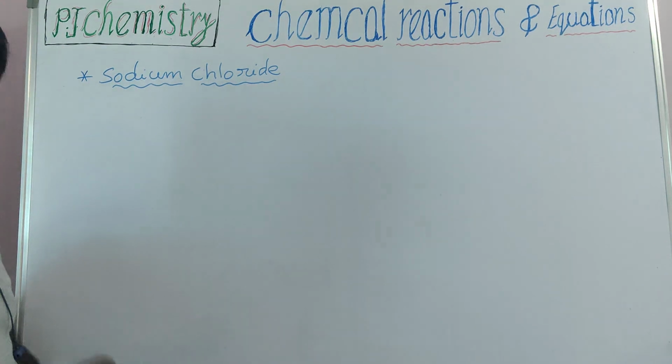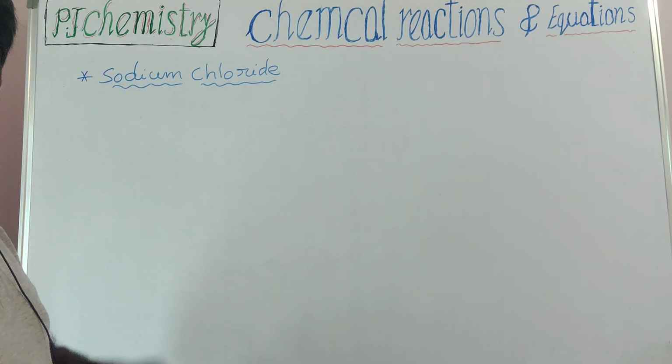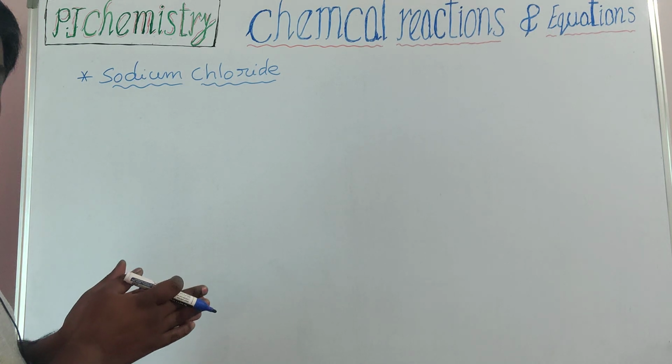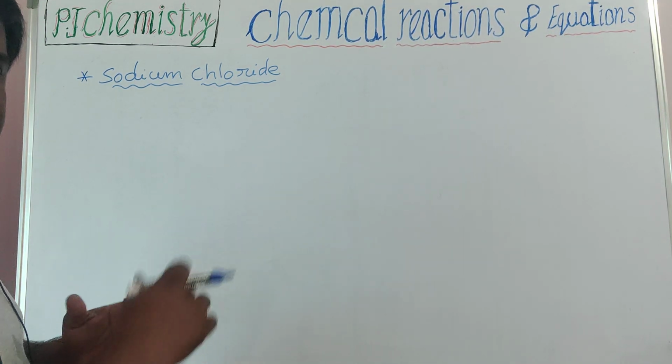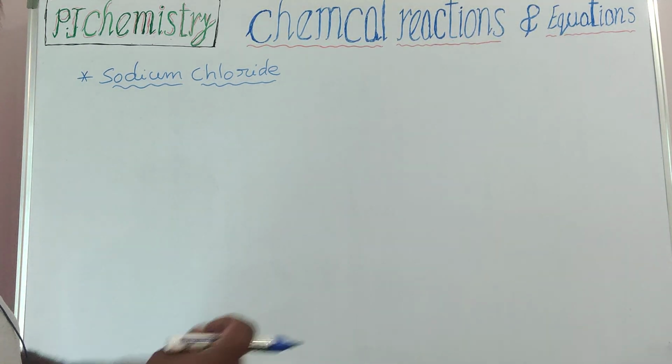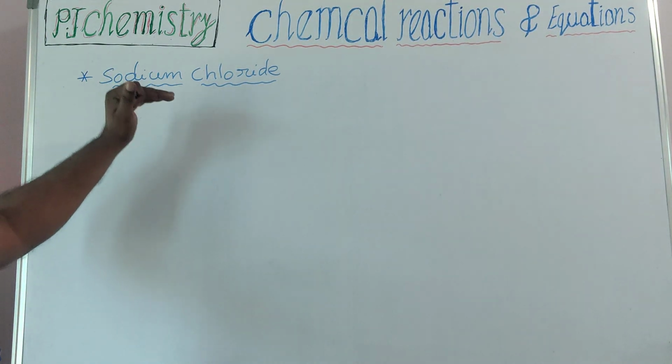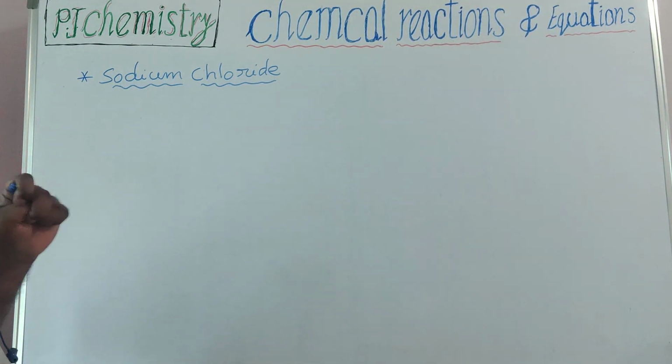They are asking to write the formula. These basics relate to ninth class, but in 10th class they won't ask you to write the formula; they will ask you to write the balanced equation. So first, the basics: sodium chloride, we need to write the formula.